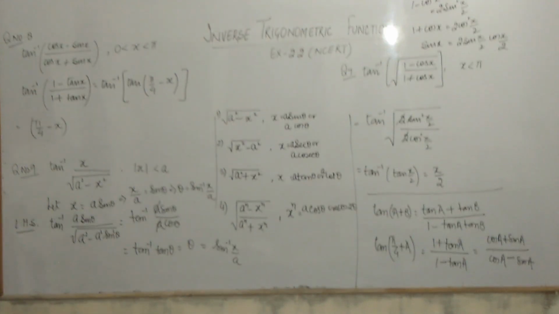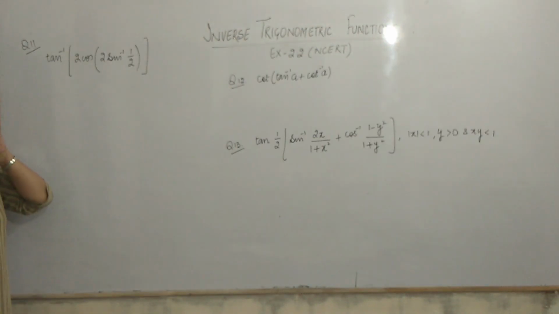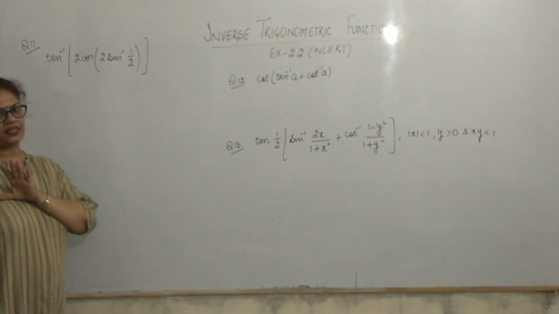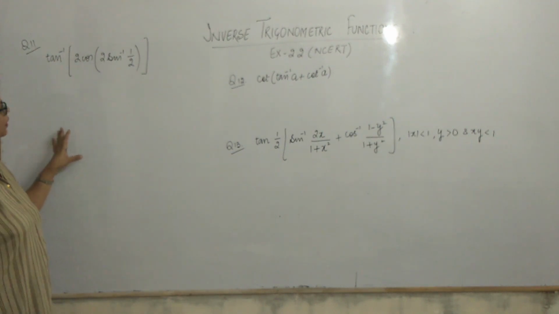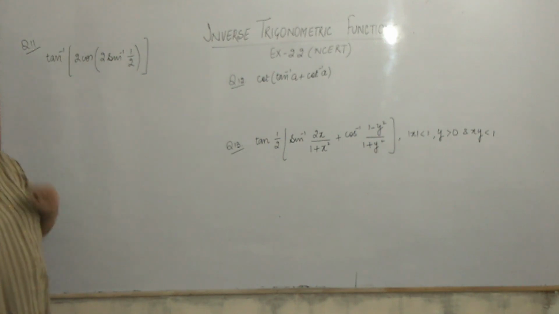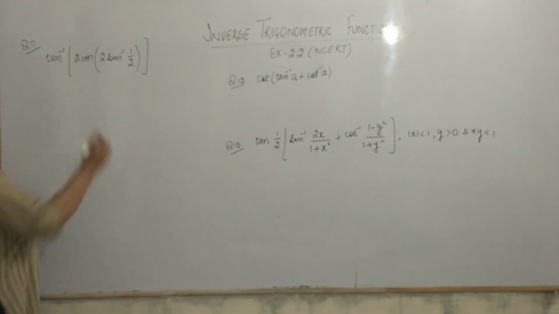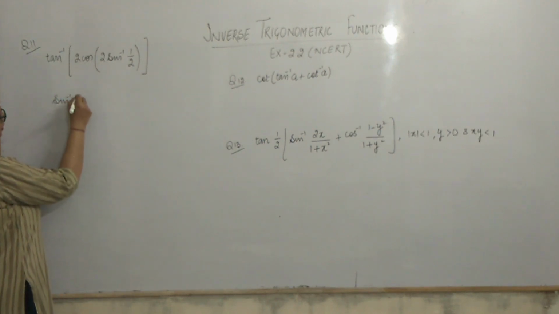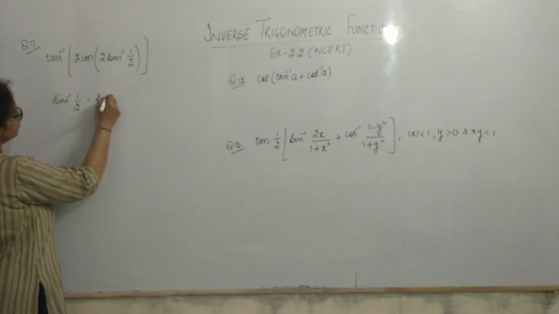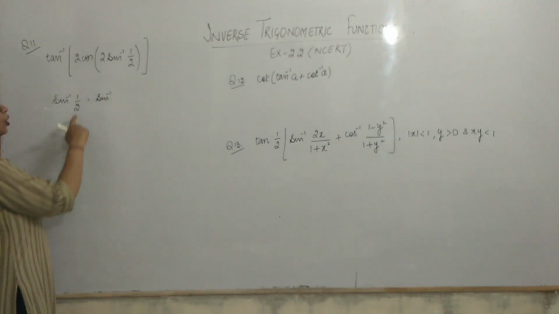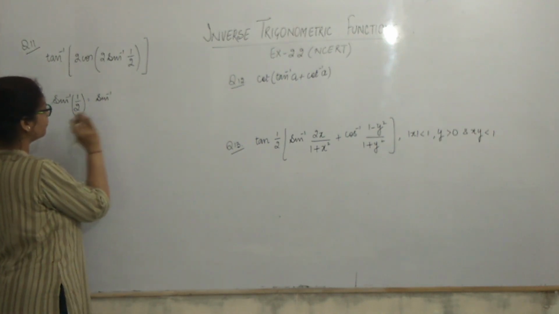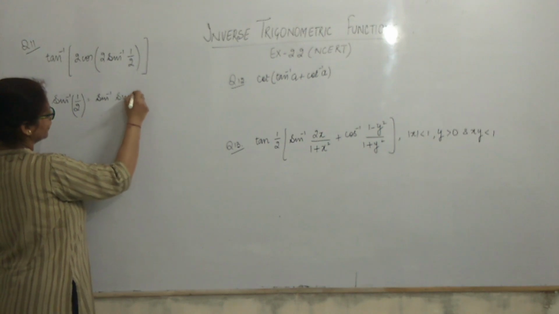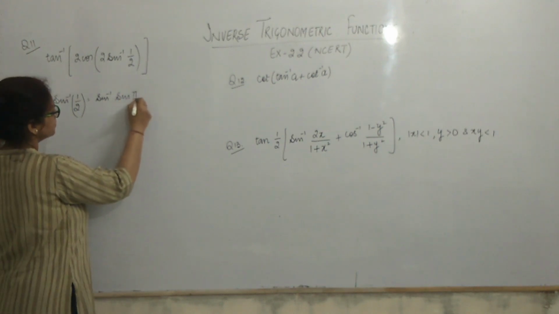Just have a look. Question number 11. This question is not a very tough question. If you know how to do exercise 2.1, then this is not a Herculean task. Look, you know how to find the value of sin inverse 1 by 2? Suppose you don't remember, you know what is half in terms of sine. Convert this half in terms of angle. This is sin 30 degree or pi by 6. Right?